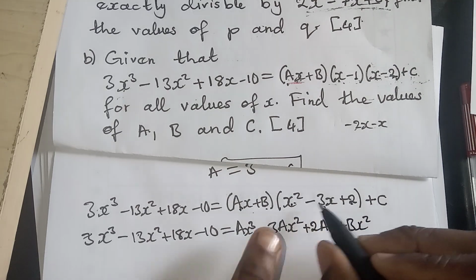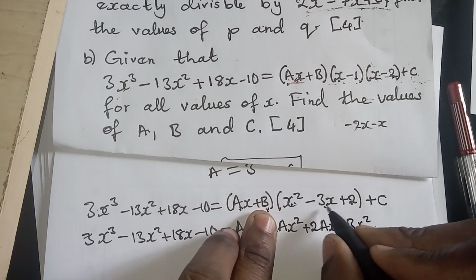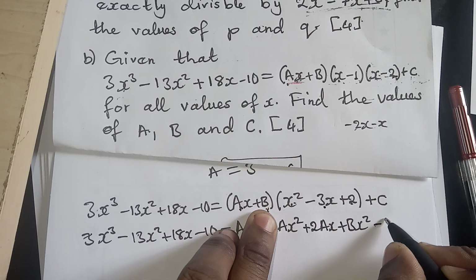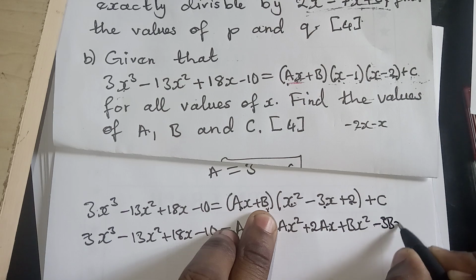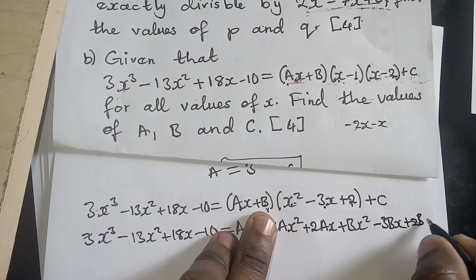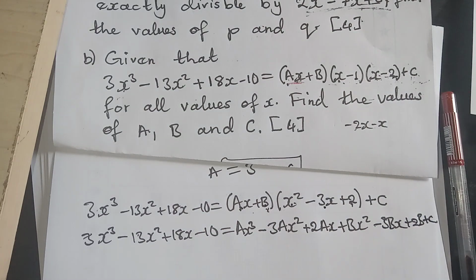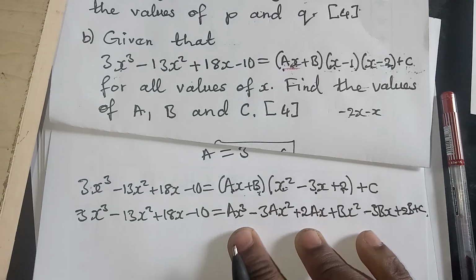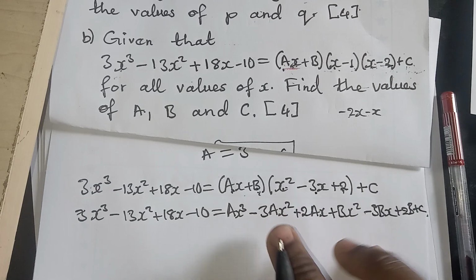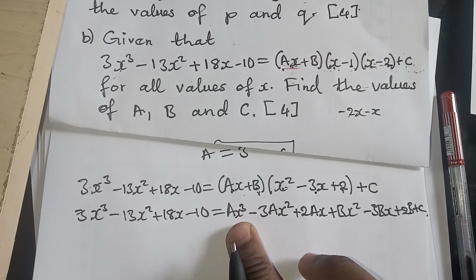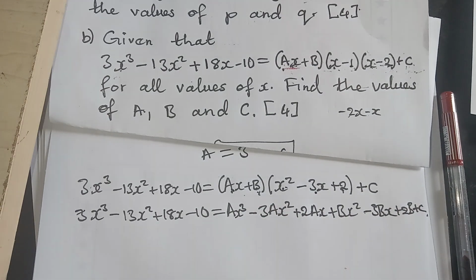This by this is negative 3bx. 2 by b is 2b plus c. So now we can rearrange the right hand side to put all the x cubed terms together, the x squared terms together, and the constant terms together.